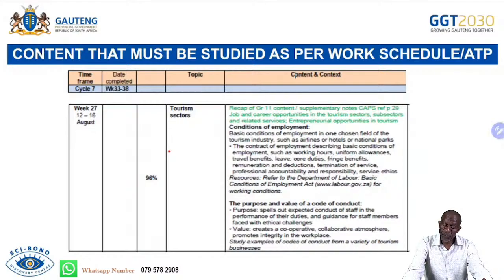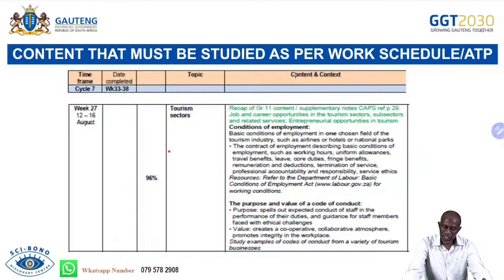We'll also look into the subtopic, the purpose and value of a code of conduct. Then we'll reflect much on the purpose that spells out expected conduct of the staff in performance of their duties. We'll also look into the guidance for staff members, as well as the ethical challenges that they might be faced with.